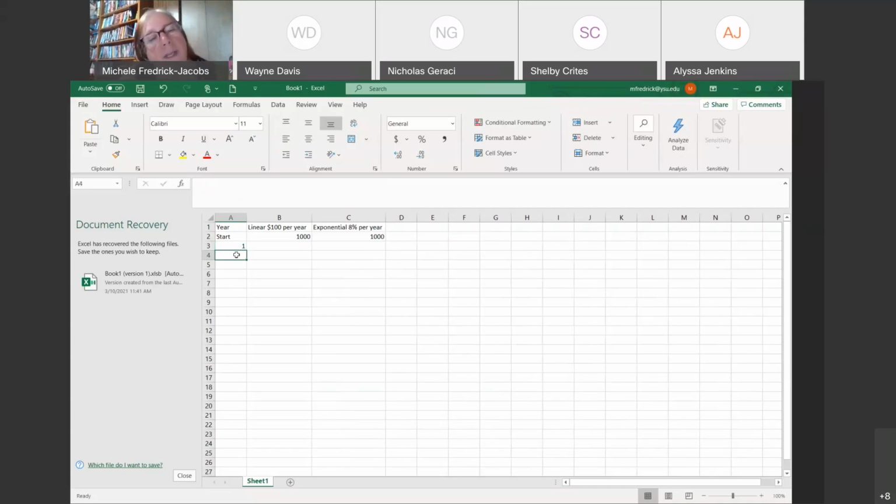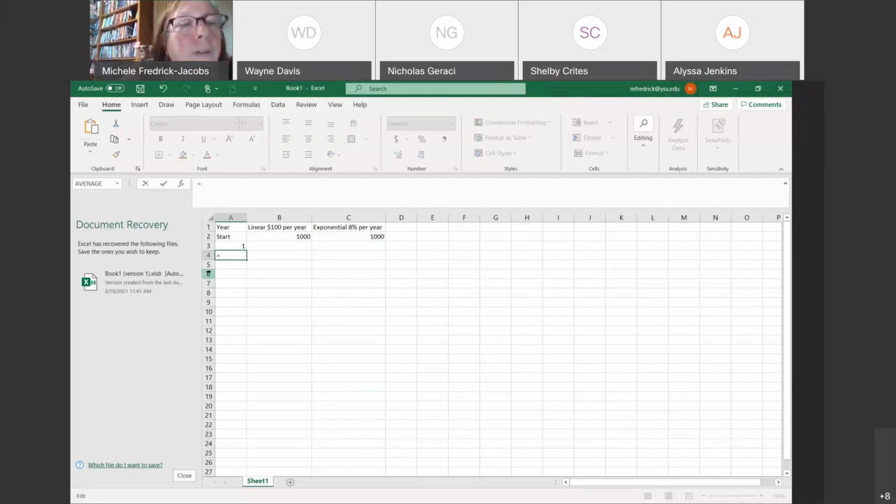And then for the next one, I'm going to click on it. And then click up here, just like when we did formulas for other things that we were doing on Excel. Click here, put your equal sign. Now what we want to do is take the one before and just keep adding 1 because we're adding 1 year each time.